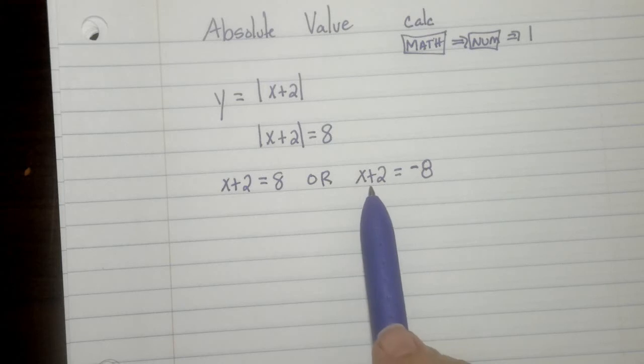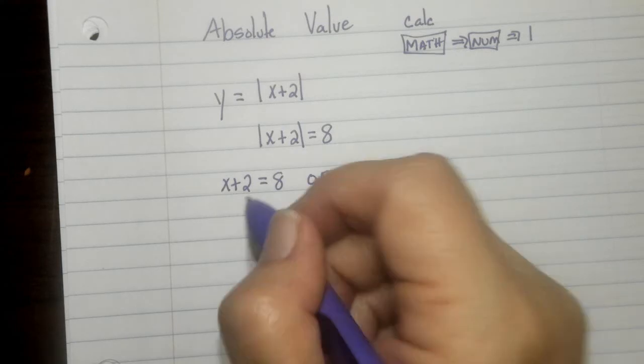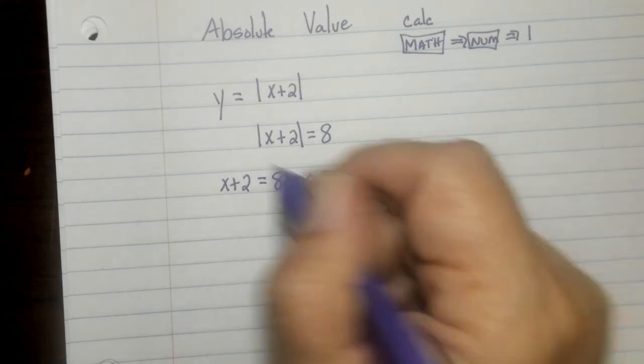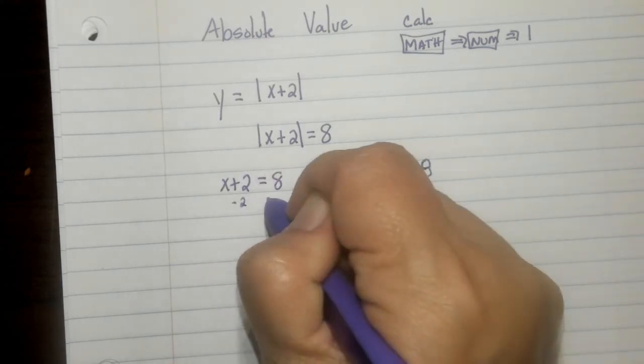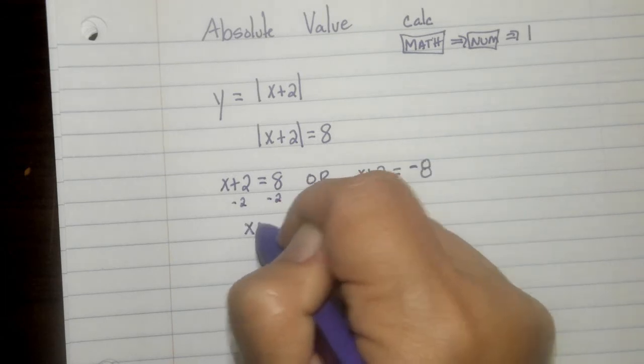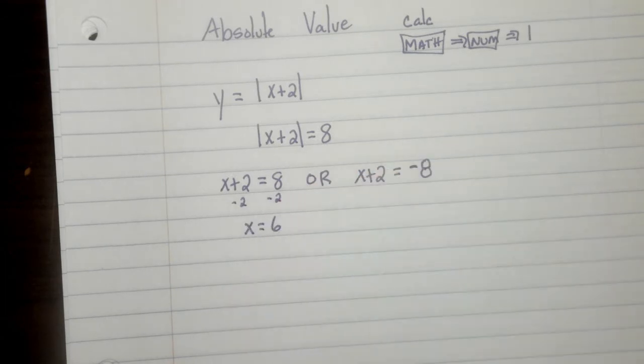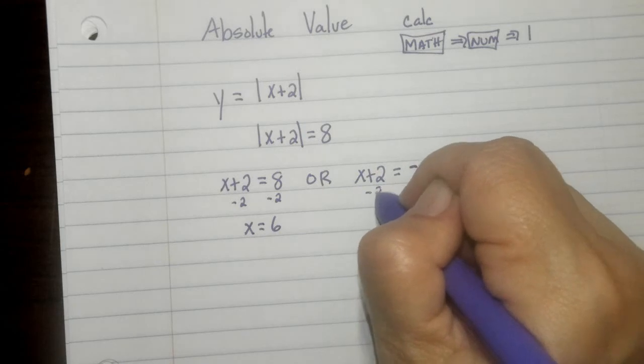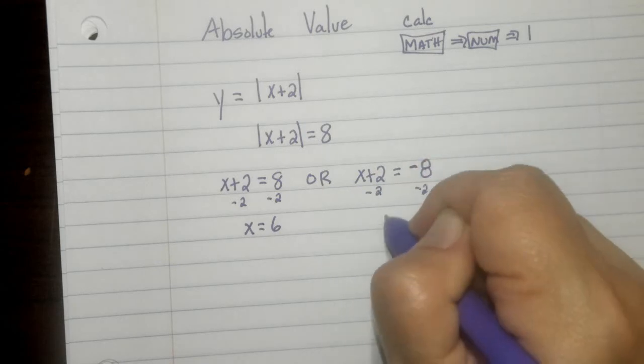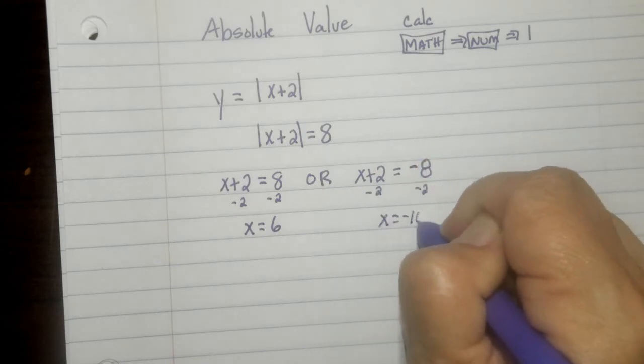Because if the stuff in there is negative 8, and then I take the absolute value of it, it would come out to be positive 8. So then I would solve each of these little equations. Subtract 2 from both sides, and x equals 6. Or over here, subtract 2 from both sides, and x would equal negative 10.